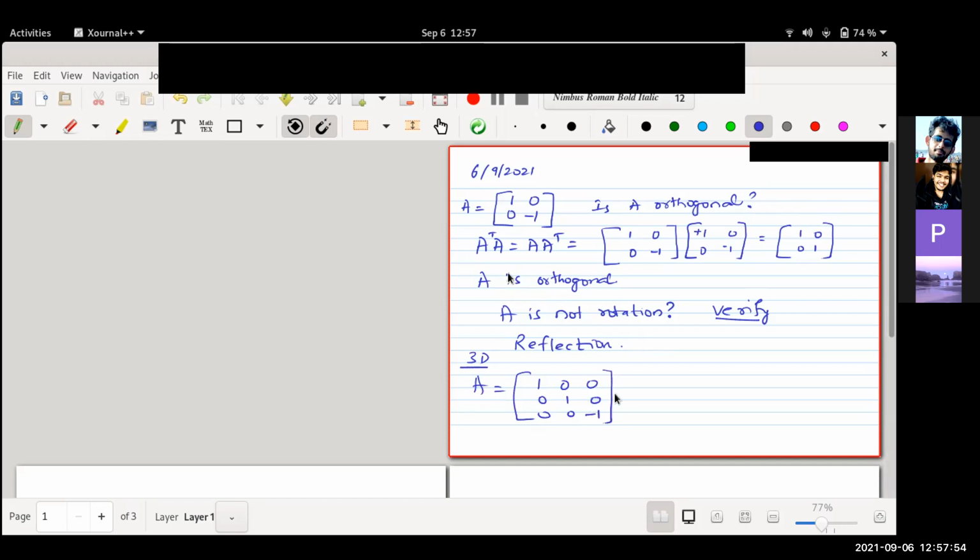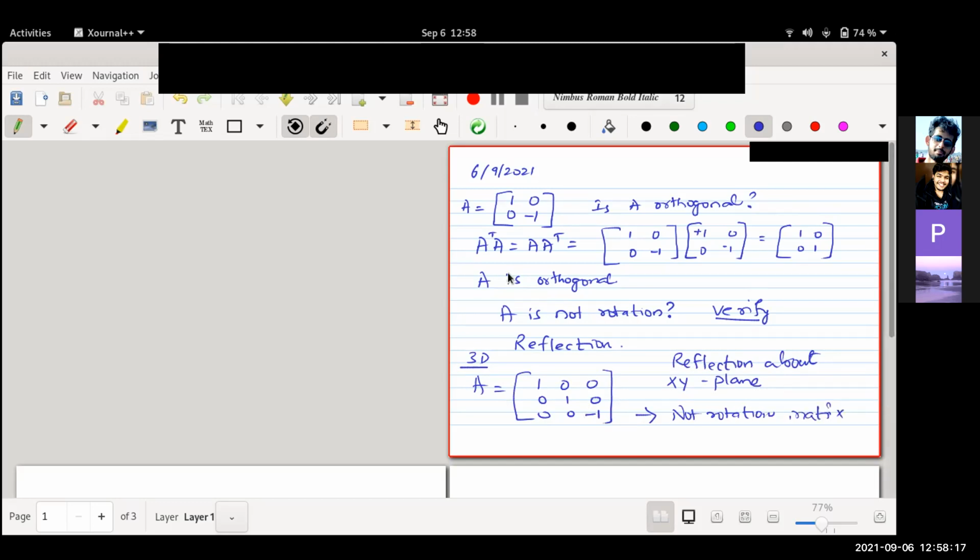So this will reflect a vector about the xy plane. So this is also not a rotation matrix. You can go back and verify.